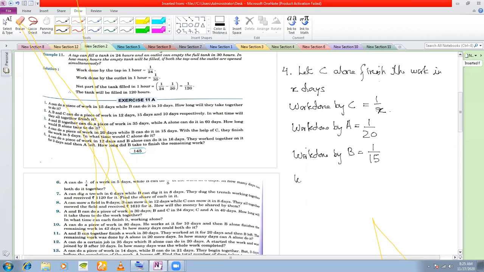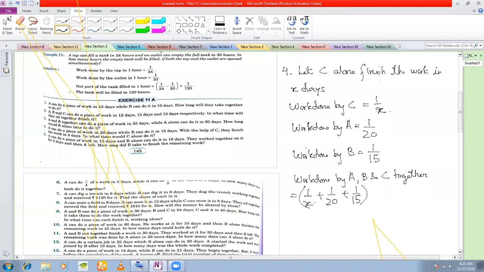So what is the work done by A, B, and C together? Work done by A, B, and C together is 1 by X plus 1 by 20 plus 1 by 15. This is the work done by A, B, and C together.